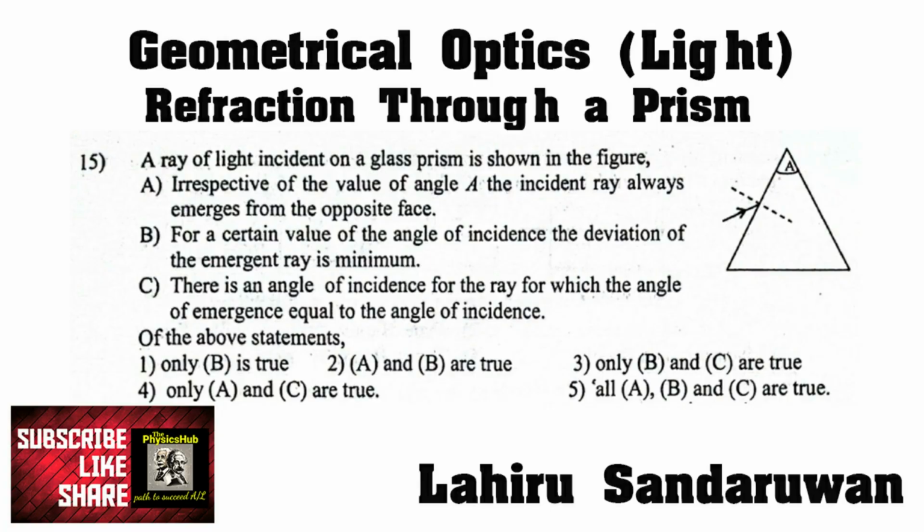A ray of light incident on a glass prism is shown in the figure. Statement A, irrespective of the value of angle A, the incident ray always emerges from the opposite face. Now it is false.